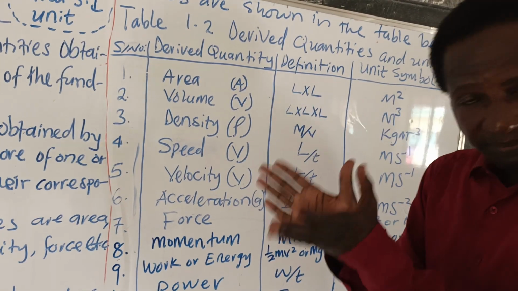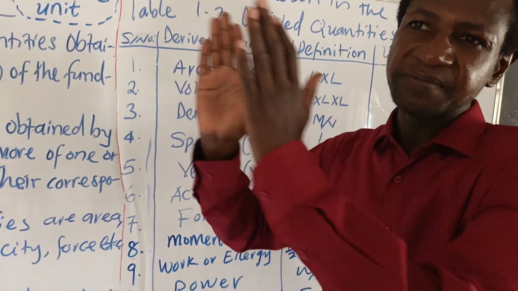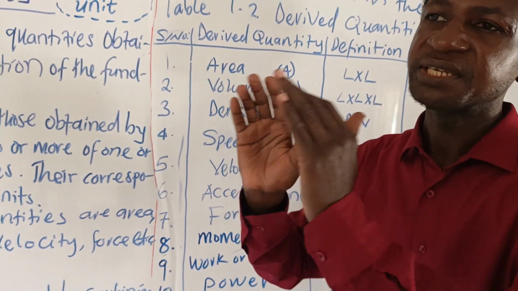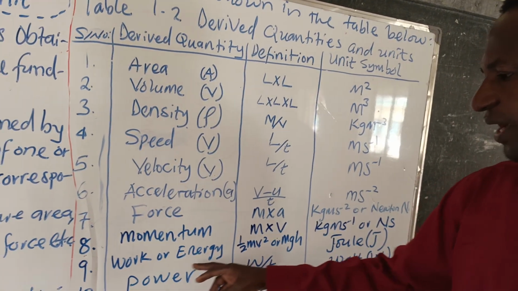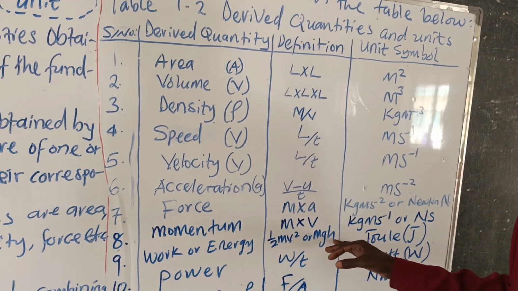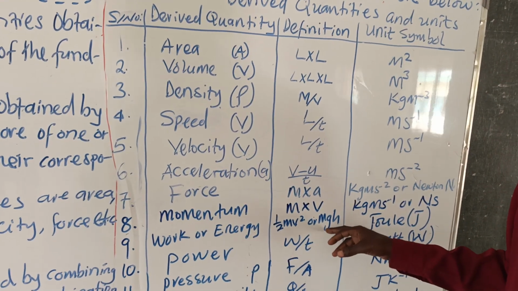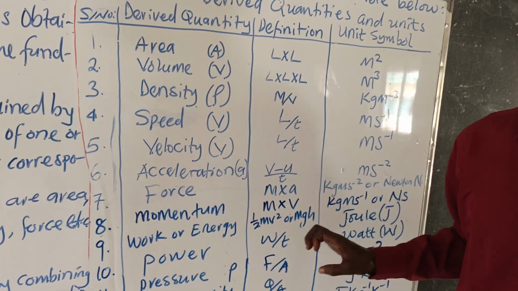That is, by combining the fundamental quantities or other quantities, derived units can be obtained. Work or energy is half mv squared or mgh; half mv squared is the kinetic energy, mgh is the potential energy, and their unit is the joule, J.